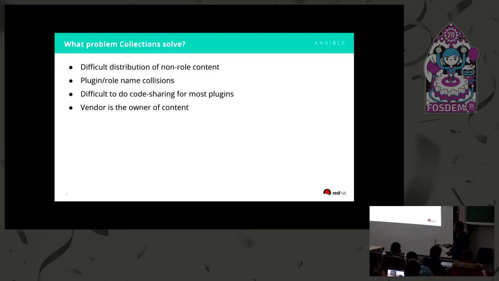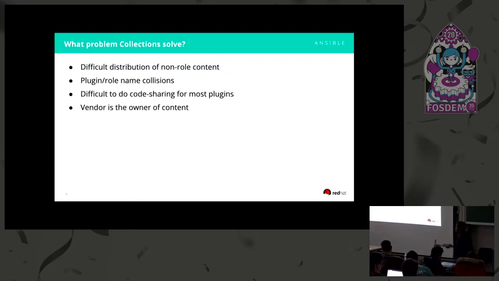Then there is plugin and role name collision. Ansible uses a flat directory structure, and if more than one role has the same module name, there are chances of collision, and there are certain rules, not very clear, about from where Ansible would pick up those modules and plugins.